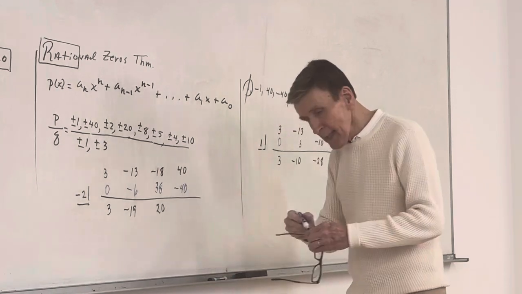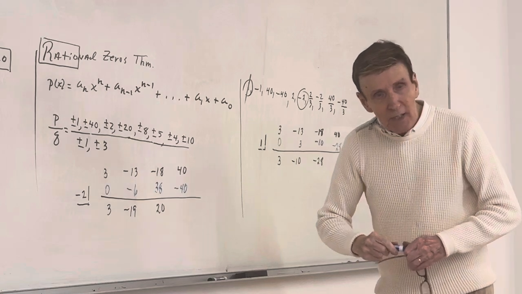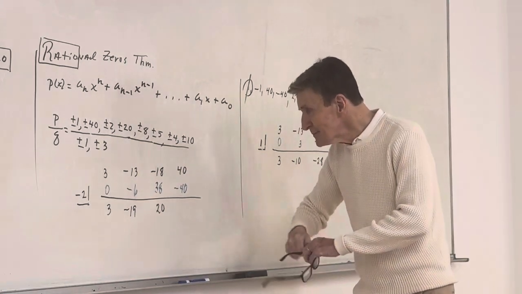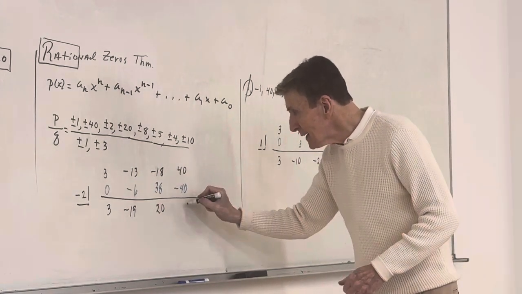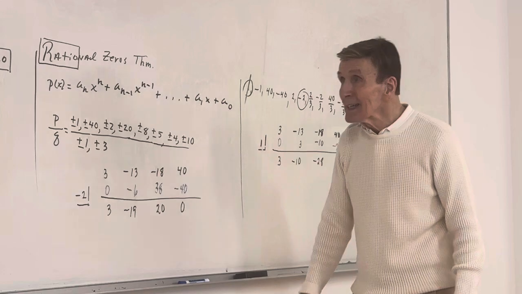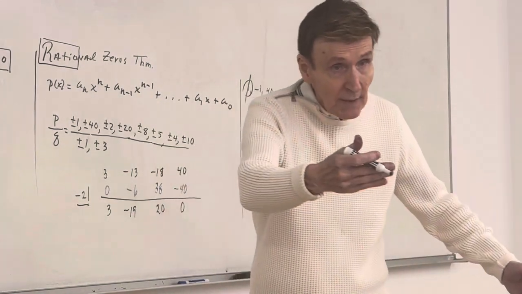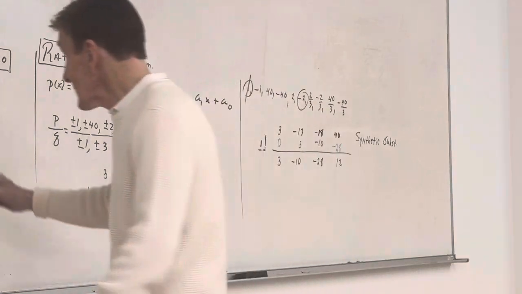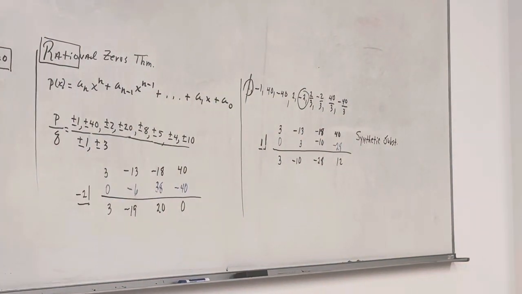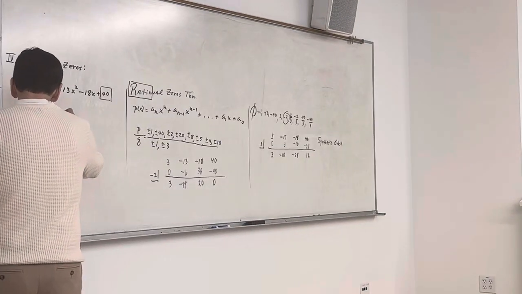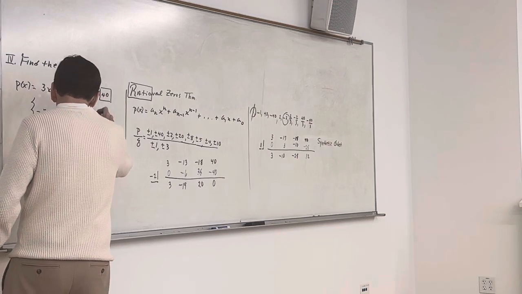And with his help, we've just discovered one of the 3 zeros. He asked me to test negative 2, and we tested. So right now, I have negative 2. I still have 2 more to find.